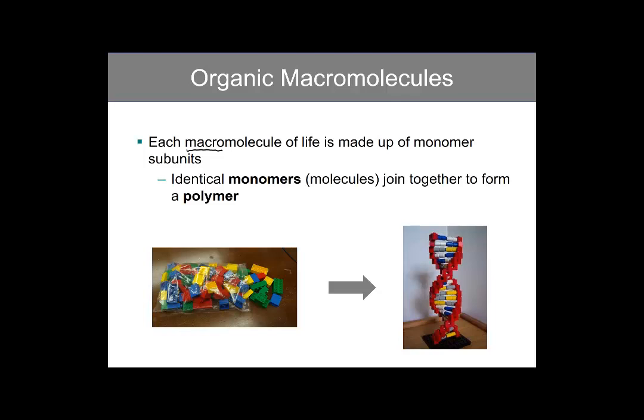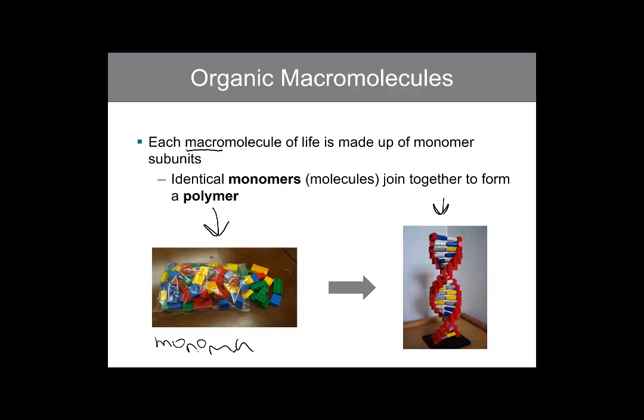It's almost like Legos. Lego structures, such as this DNA molecule over here on the right, are made up of building blocks. The building blocks for this Lego structure are individual Legos. They are the monomers. Mono refers to one.